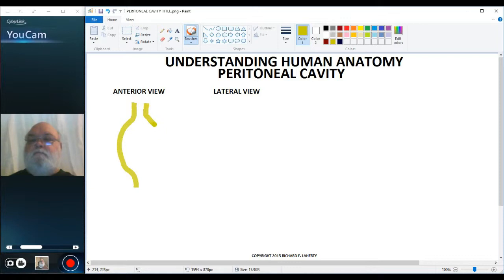It is very bag-like. In the lateral view, we're going to see again the esophagus, but then the stomach's going to be concave like so, and the posterior is going to be convex like so.